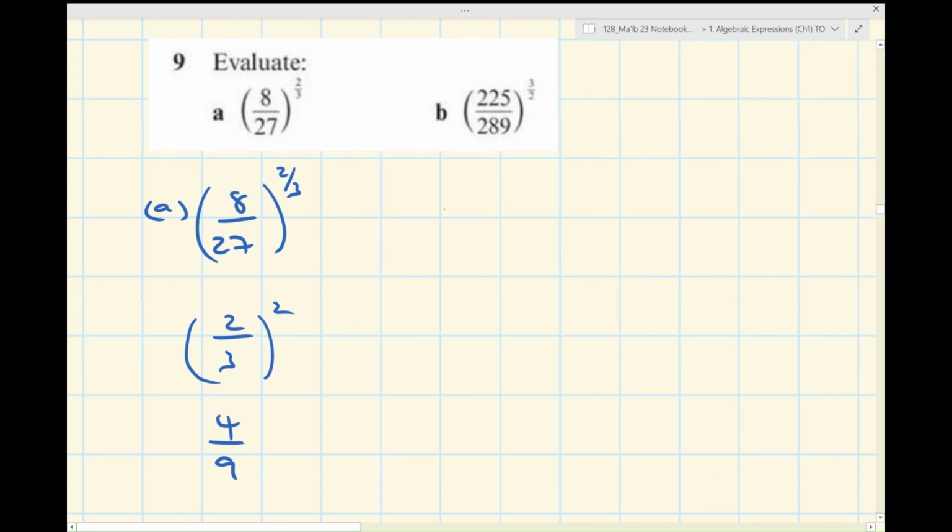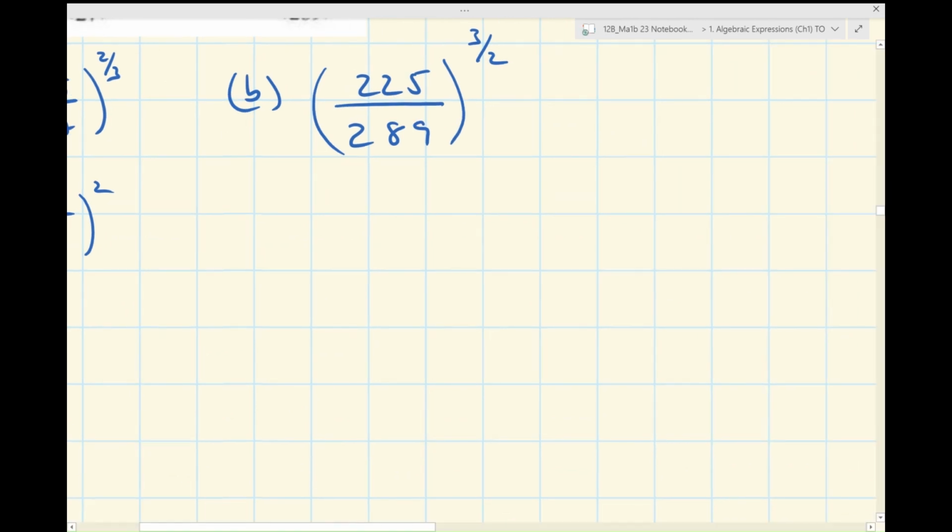Part B, I've got the fraction 225 over 289, and that's the power of 3 halves. So I'm going to square root it first. Square root of that fraction is 15 over 17, but of course I get 2 answers to a square root. And now I'm going to cube that.